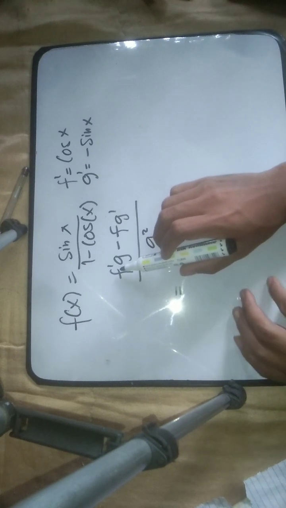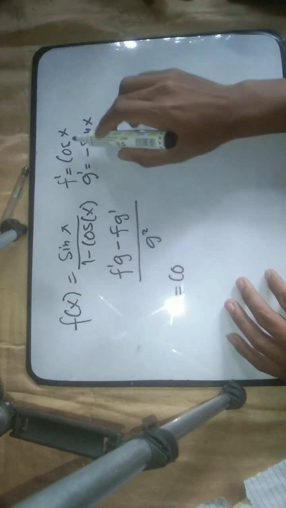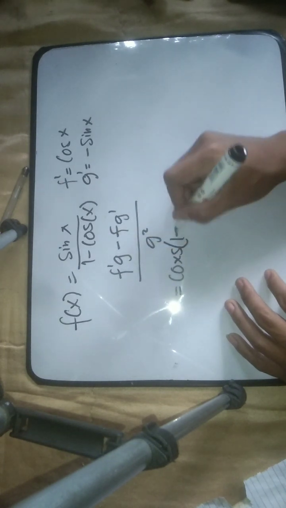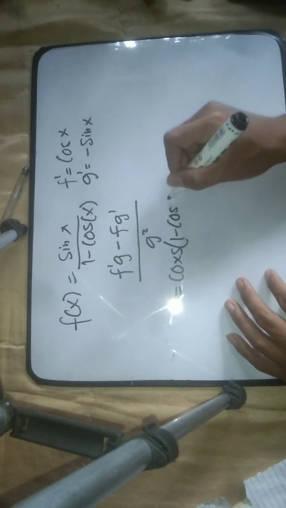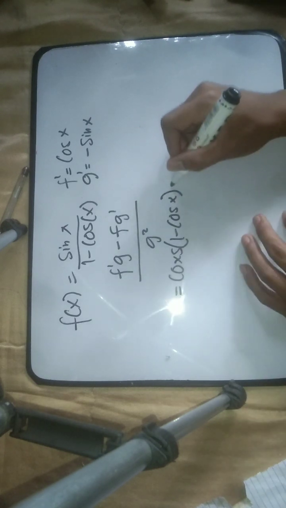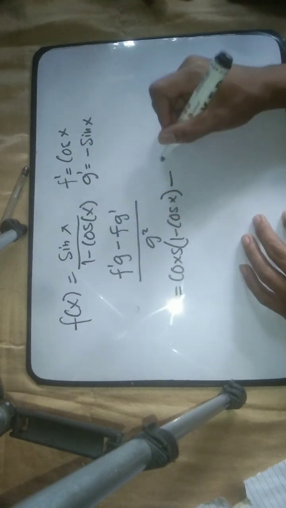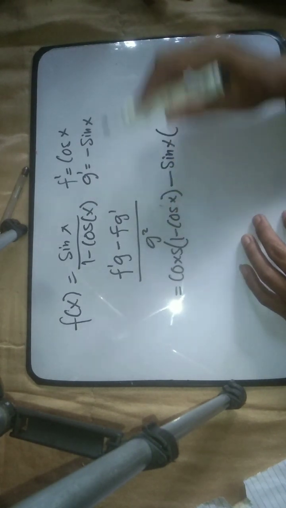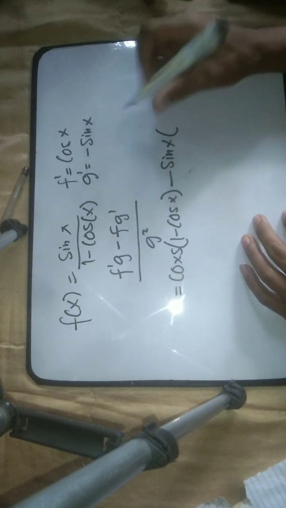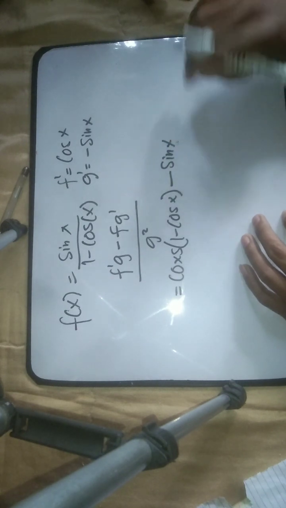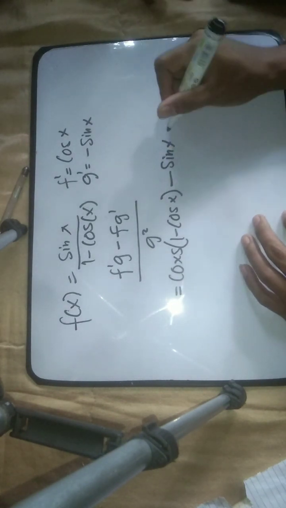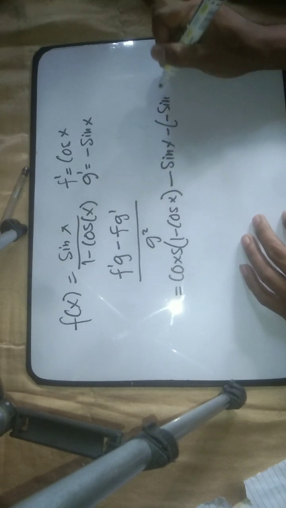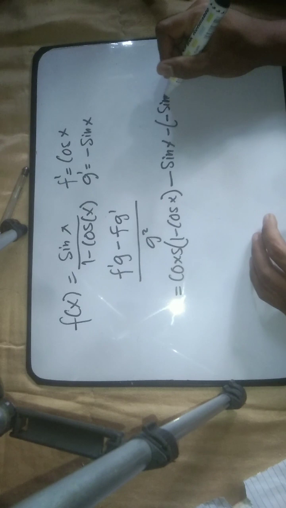Derivative of f is cosine x multiplied by g, 1 minus cosine x, minus f, sine x, multiplied by the derivative of g, which is negative sine x.